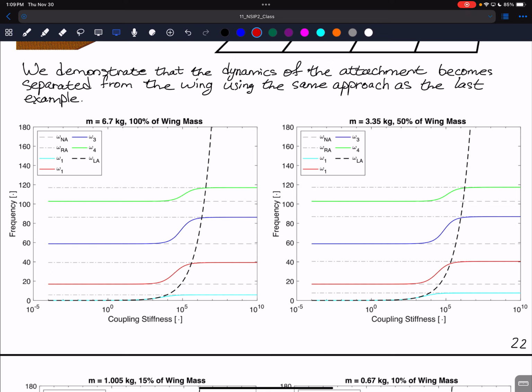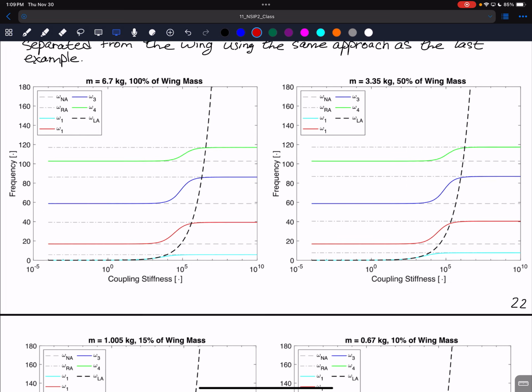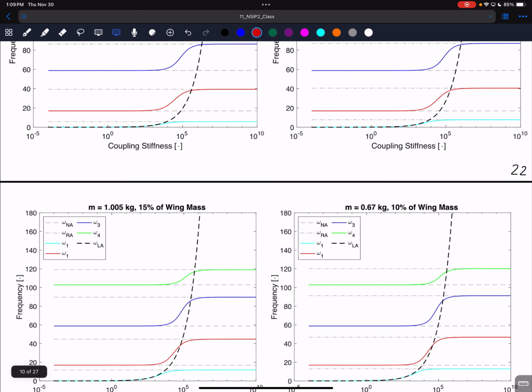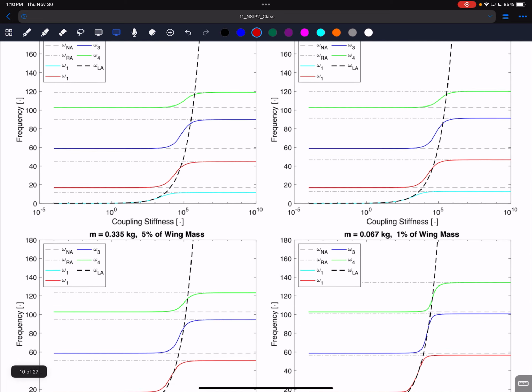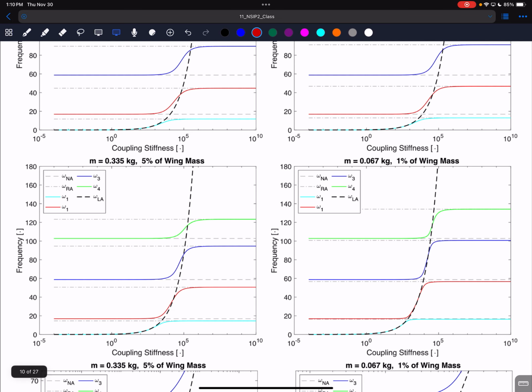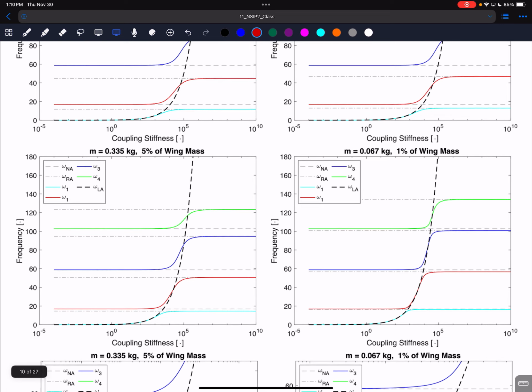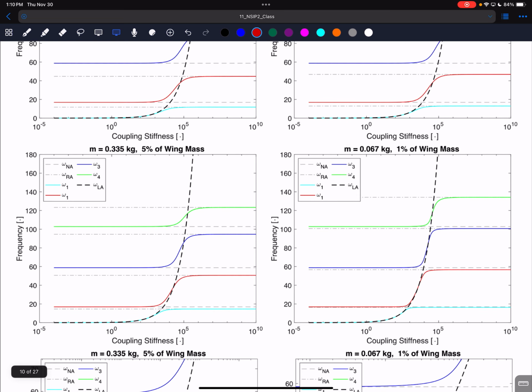Okay, so with such a high mass, this attachment is not a local attachment, and that's why this black curve does not really line up with anything. As we decrease the mass, it starts to line up better, and eventually, if you go to a small enough mass, it will converge and lie on top of these as well. Okay, and you can see how it's getting closer and closer to lying on top of those curves as well.